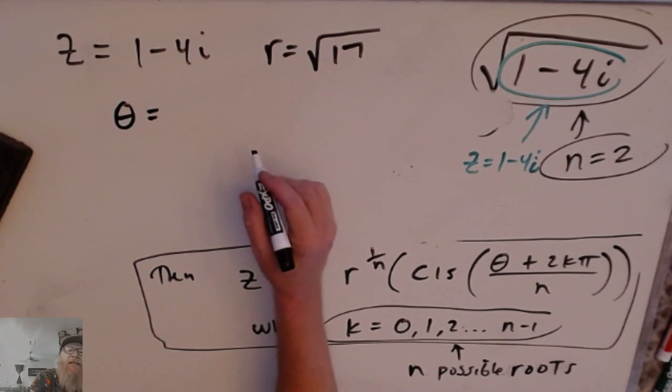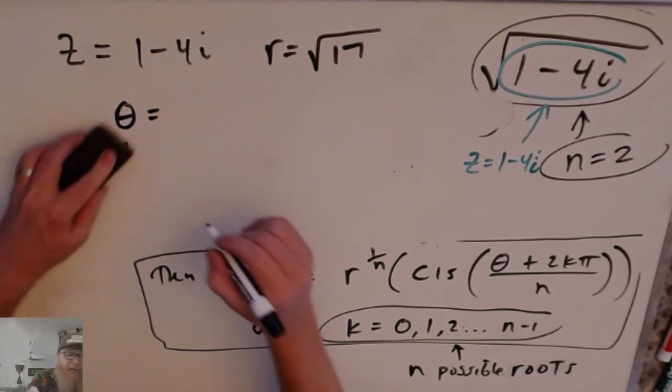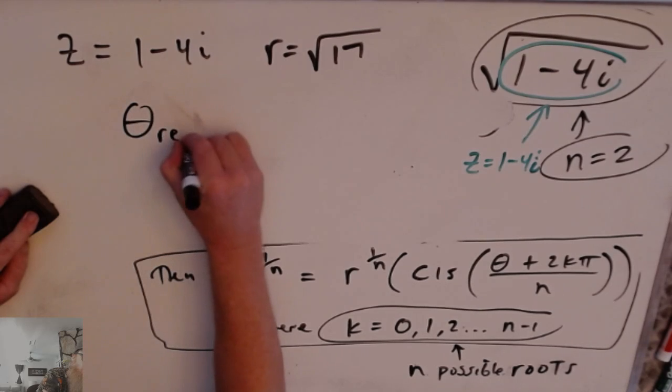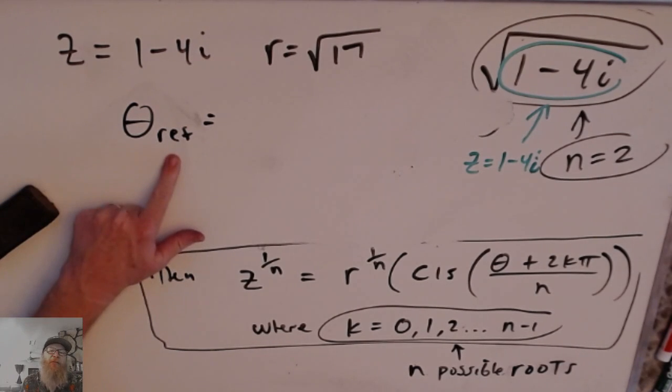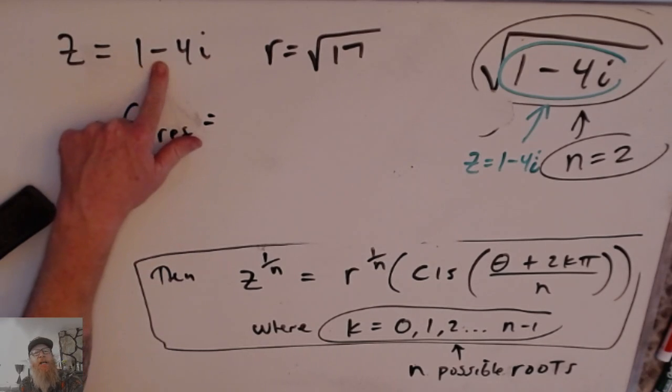What's theta? This is, again, the reference angle. Here's a thing you could do. You can call it theta ref. Just to remind you, this is not the actual theta, because this point is not in quadrant 1.